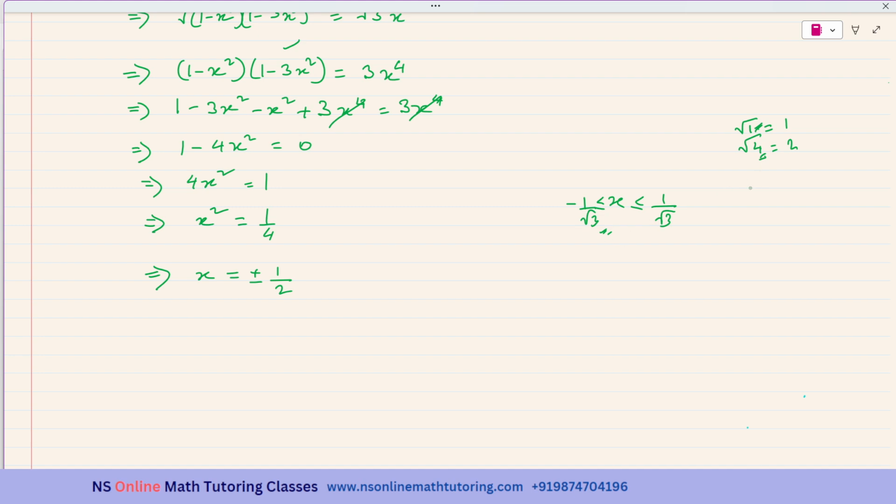Therefore, the square root of 3 should be greater than 1.5. If it had been a number which is midway between 1 and 4, I could have said that square root of that number is 1.5. But I am saying that 3 is closer to 4 than to 1. Therefore, I can say that square root of 3 will be greater than 1.5.